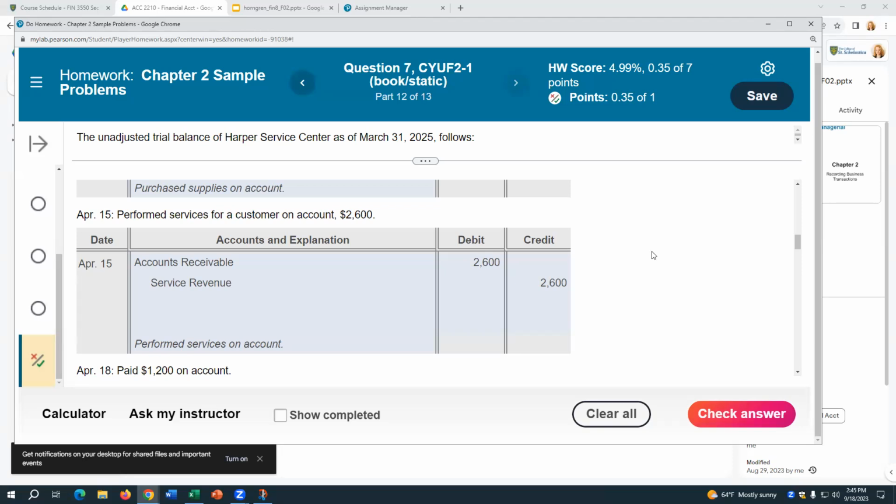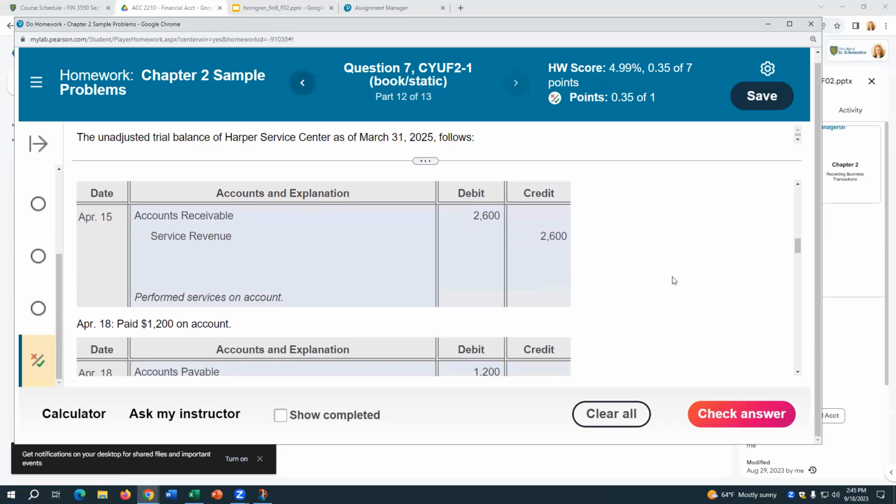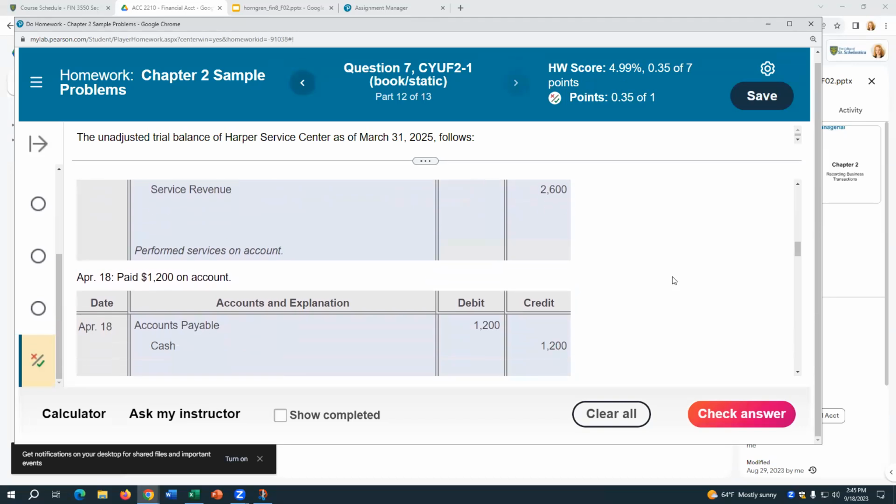So cash is an asset. To reduce an asset, we would credit it. To reduce a liability, we would debit a liability. So same thing here. To make the liability go down by paying for it, we would debit the liability of accounts payable, and then we would credit cash.